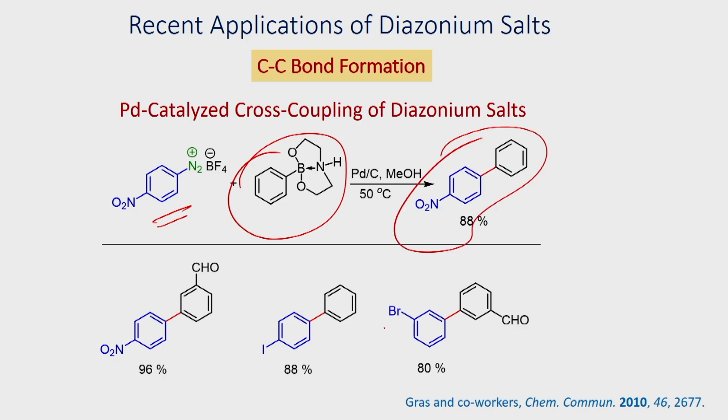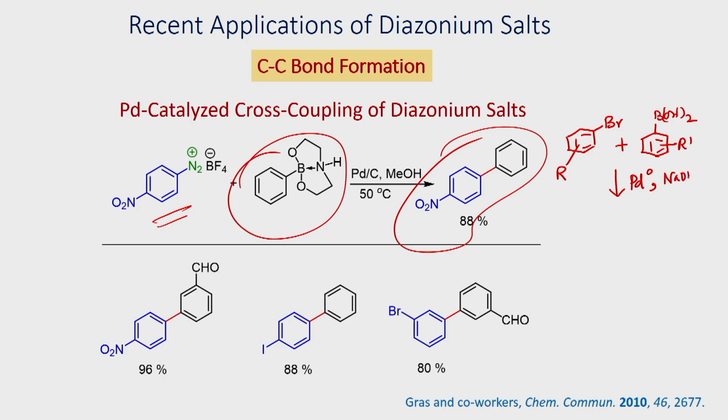So all of you know the Suzuki-Miyaura coupling reaction, which we have already studied. If you have the aryl halide, for example aryl bromide, you can try to react with boronic acid in the presence of palladium 0 and base.